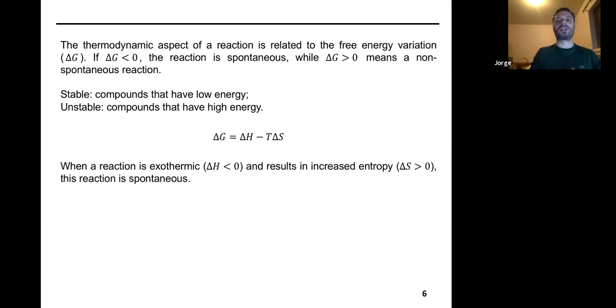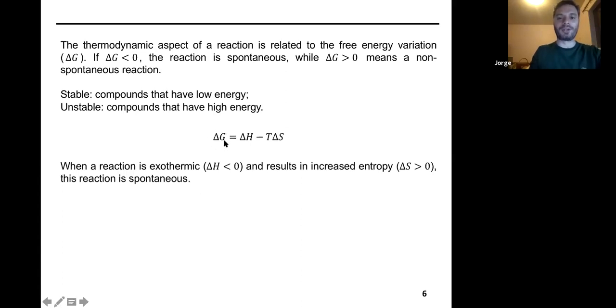There is a correlation between delta G, delta H, and delta S, and that's described here. Delta G is equal to delta H minus T times delta S. Delta G is the free energy, delta H is the enthalpy change, and delta S is the entropy change, and T is the temperature in Kelvin.